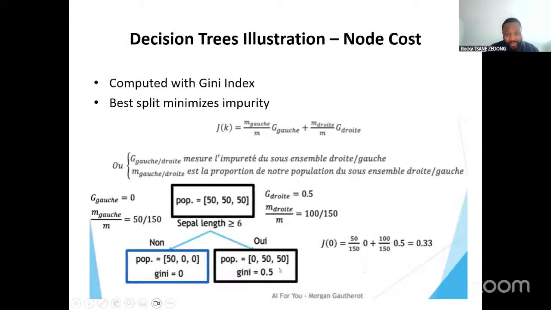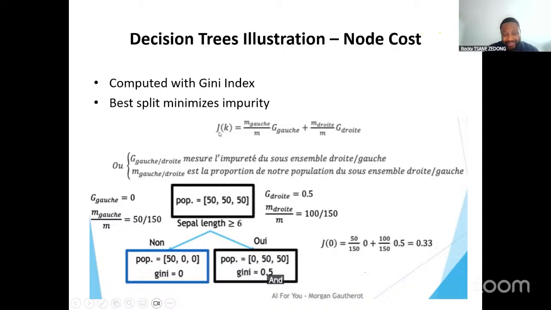This Gini index is just a tool to help us calculate the node cost. And this node cost, we are going to calculate by splitting to minimize impurity. So we have to compute the Gini index and minimize the impurity.